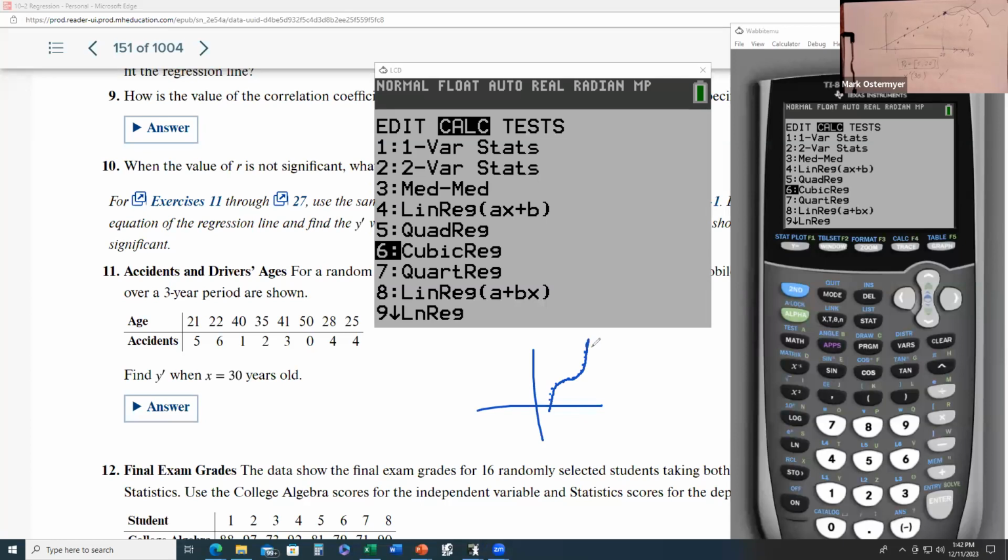That's called cubic regression. Or you have quartic regression, which is trying to fit a fourth-degree polynomial to a scatter plot, if that was the situation you were up against.